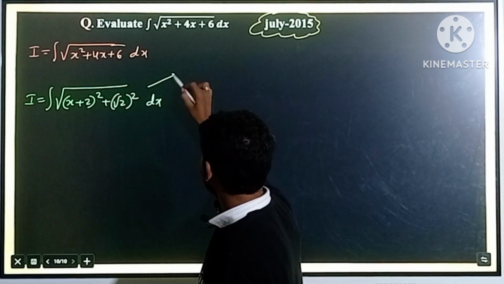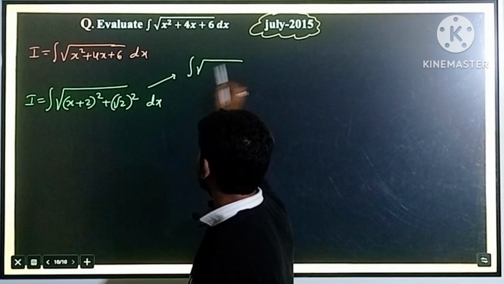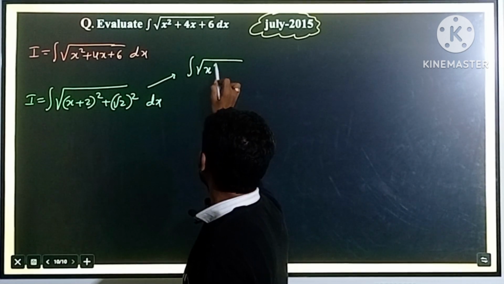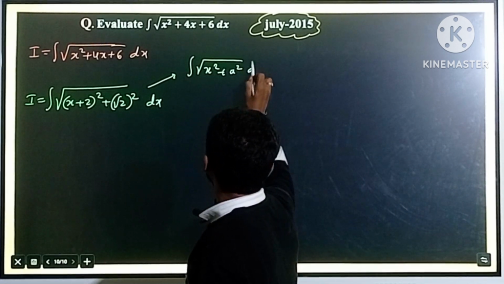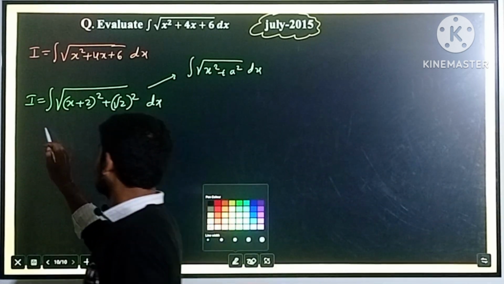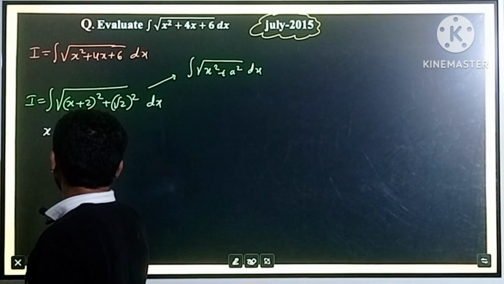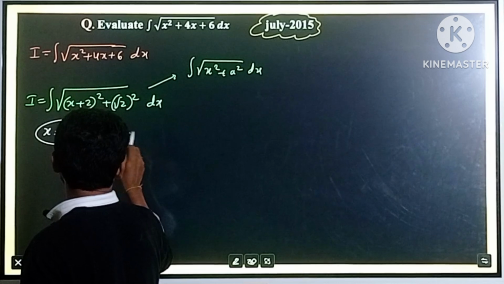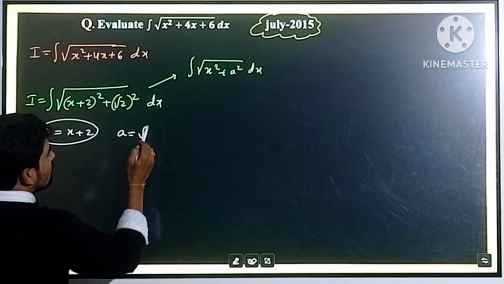the integration of the square root of x square plus a square with respect to x, where x is equal to x plus 2 and a is equal to root 2.